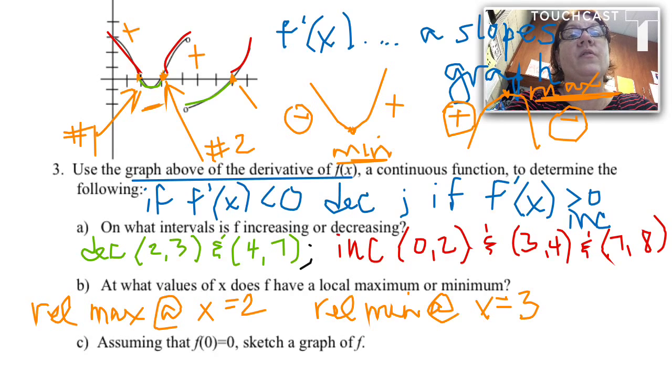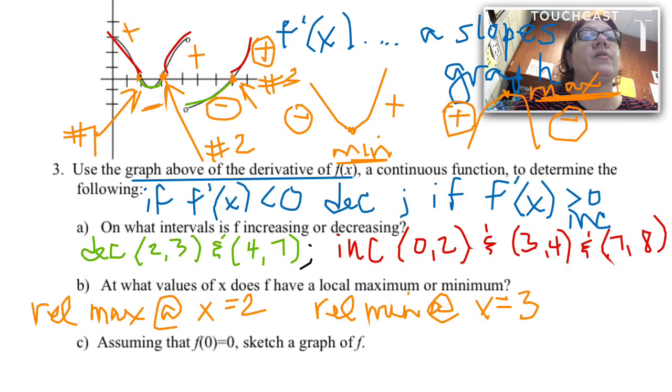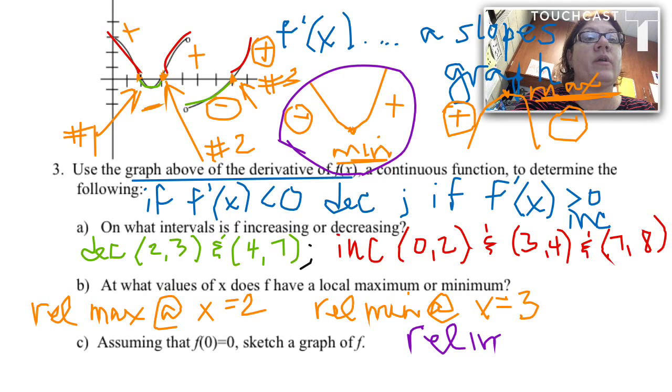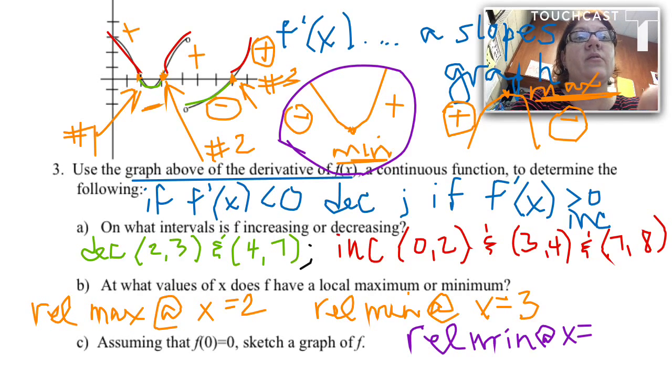And then for this spot number 3, to the left of him I was negative because I was below, and to the right I'm positive because I'm above. So when I go from a negative to a positive, I get another relative min. So this one has a relative min at x equals, was that 6 or 7? 7.